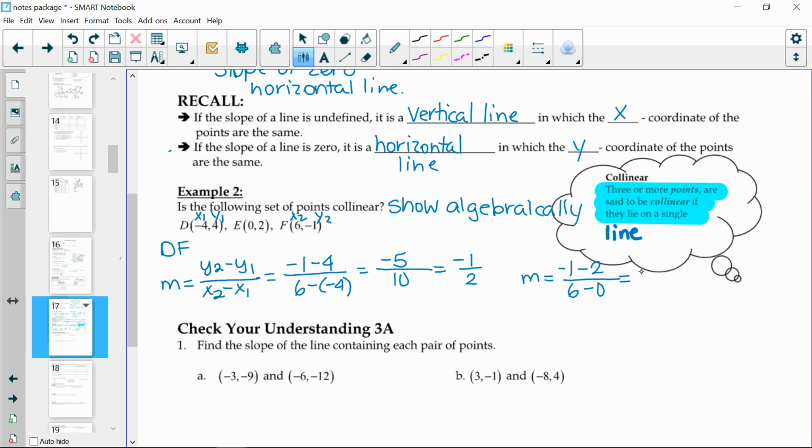So that's going to be -3 over 6, which gives me a slope of -1 over 2. The slopes are equal. Therefore, the points are collinear.